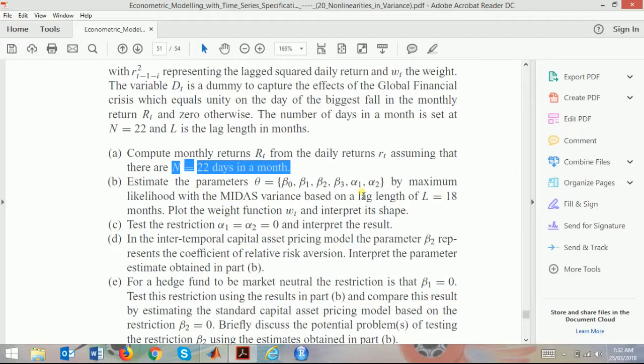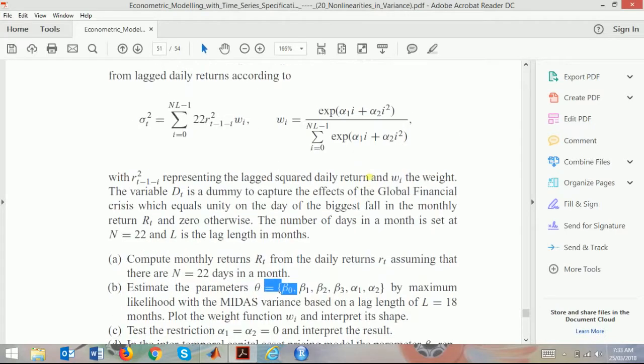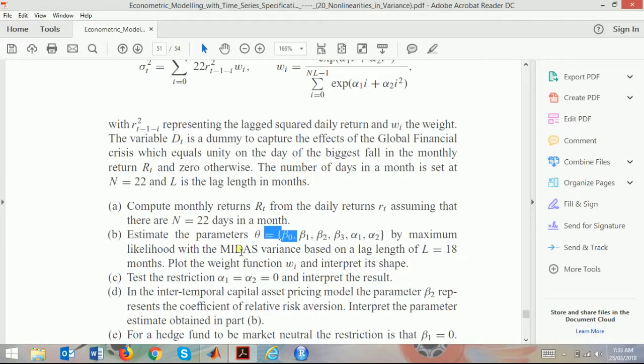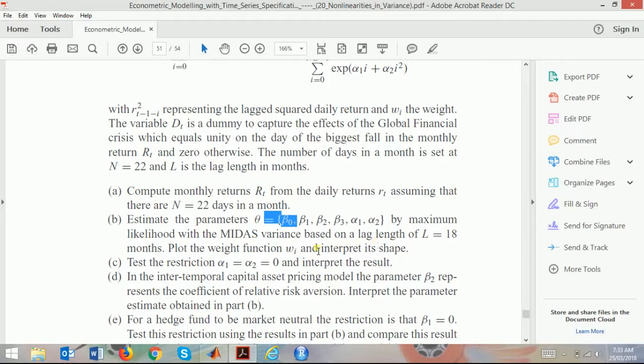First the conversion. Then we want to estimate all these parameters: beta naught, beta 1, beta 2, beta 3, alpha 1, alpha 2, using maximum likelihood and the Midas variance based on a lag length L of 18 months. So L is 18 months, given to us.